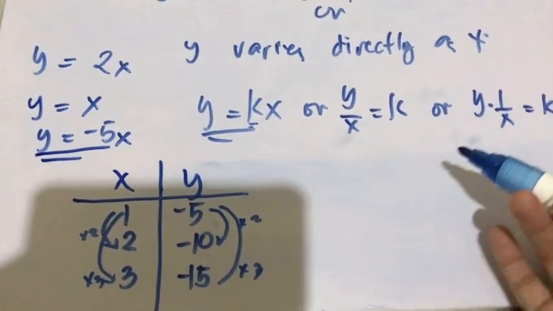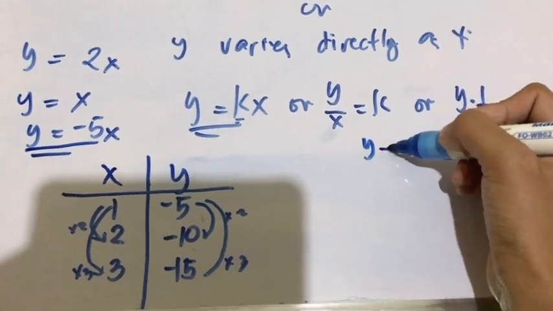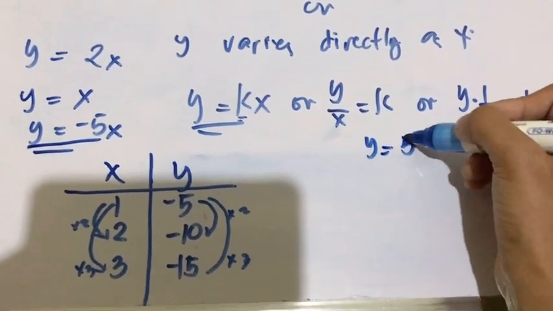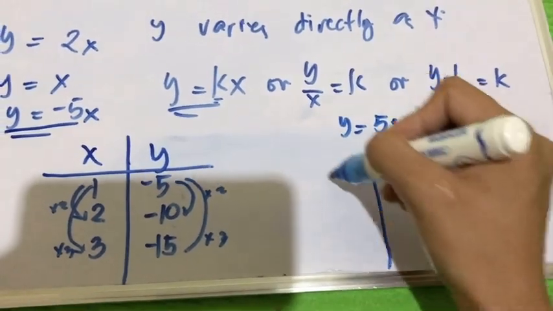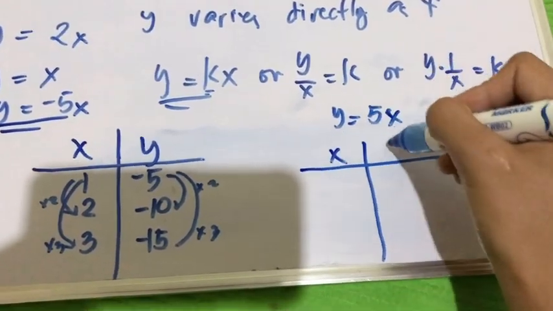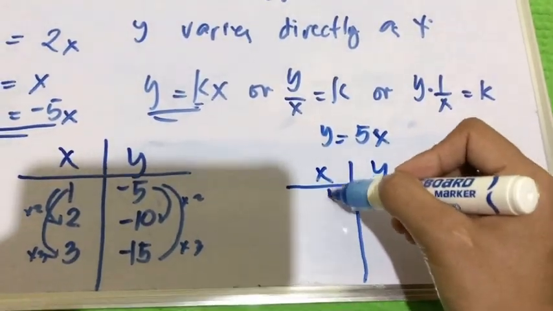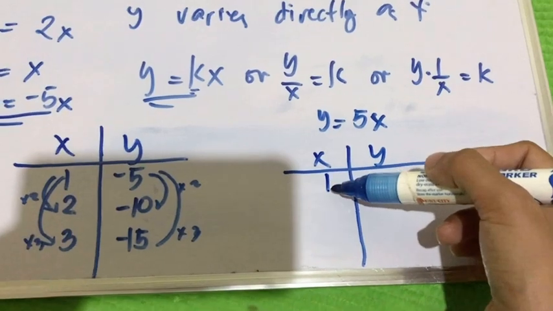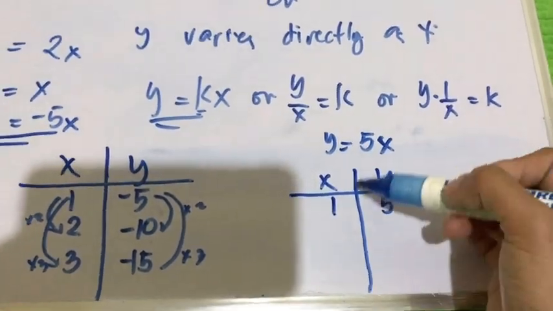So what if we are going to use a positive value of k, such as 5x, to make it fair? Again, make a table of values. Suppose that x is 1, then we have here our y is 5.